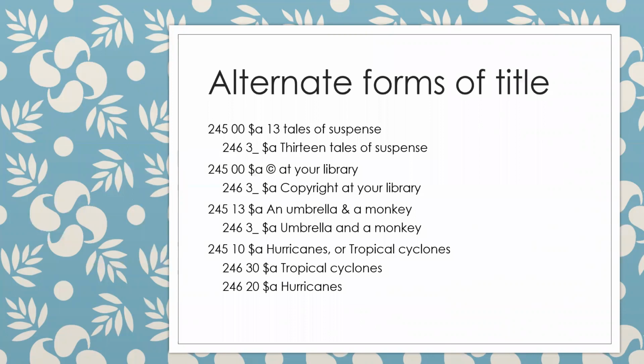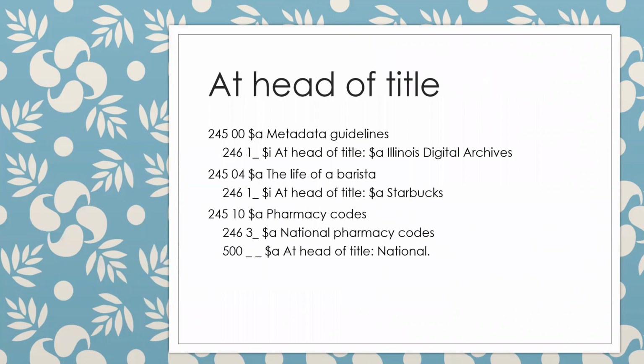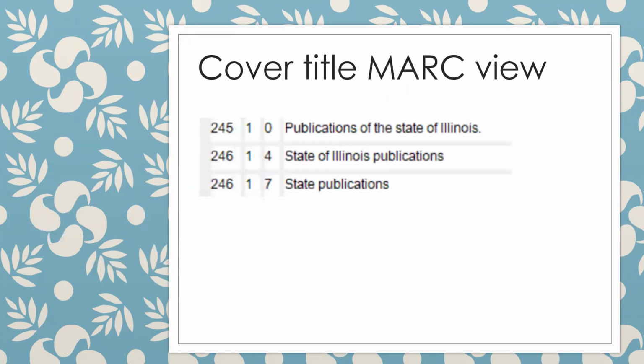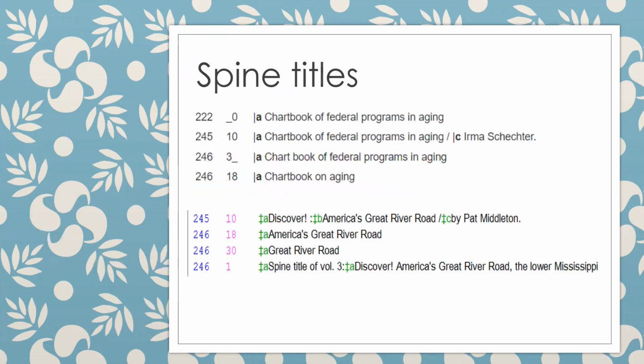Also, I did notice one little typo, if you've already printed it. It was on the page where it talked about spine titles, chart book of federal programs and aging. I can't tell you what page number that is. The very last line should be subfield I, spine title of volume 3.